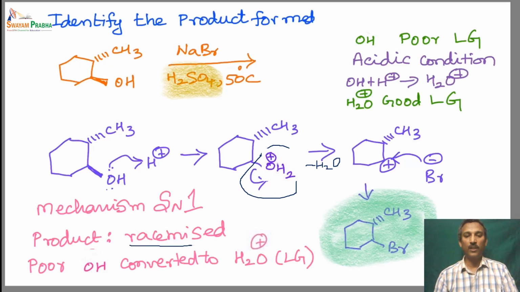And another important thing, the poor OH group, which is not a good leaving group, can be converted to H2O+, a better leaving group, by carrying out the reaction under acidic conditions.